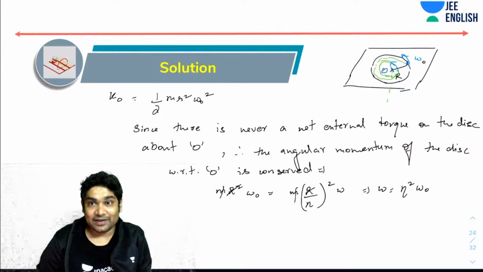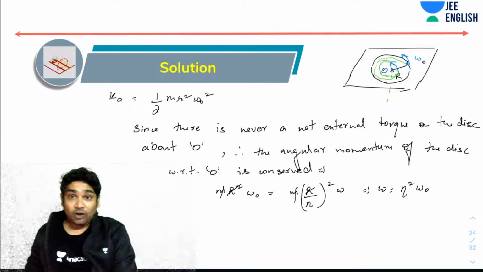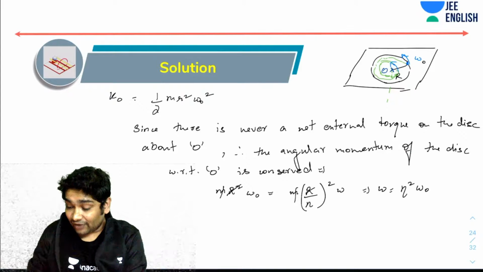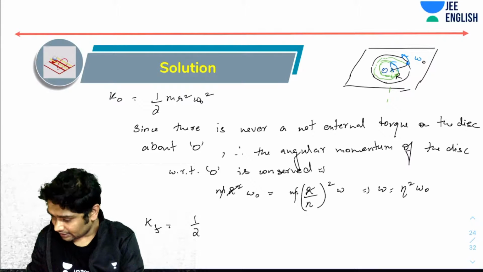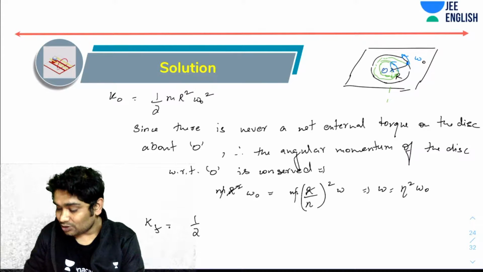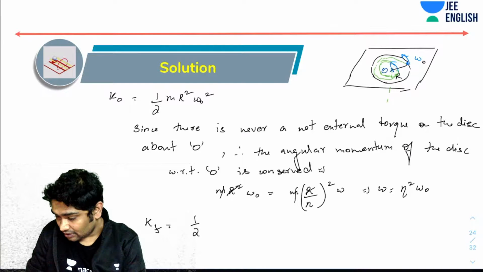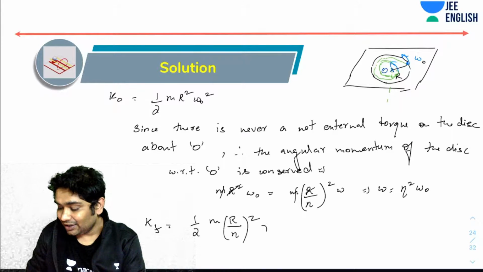Yes, the force would be centripetal in nature, not exactly centripetal. It would have a radial acceleration also, by the way. But I now find the final omega. If I have the final omega, I can find the final kinetic energy. Final kinetic energy would be half m, r over eta whole square, into omega square, which would be omega naught eta square whole square.